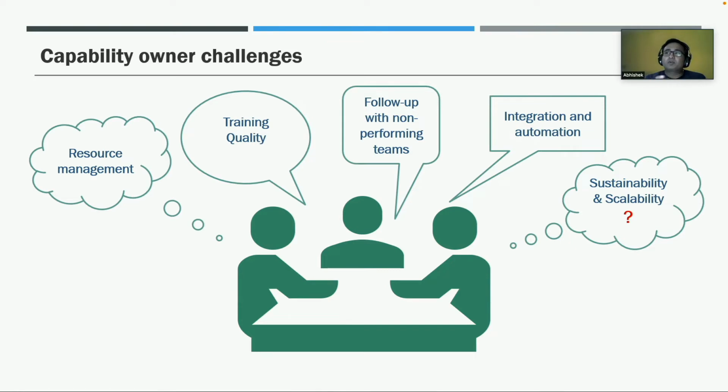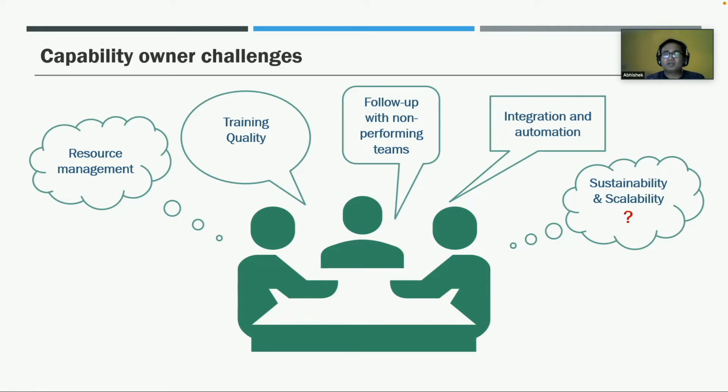Then follow up with non-performing teams. Right now, for example, we did it for 50, 60 teams. And because of this feedback process, we identified plenty of teams are not doing threat modeling afterwards. So if we go beyond that with the same approach, how is it going to be sustained?